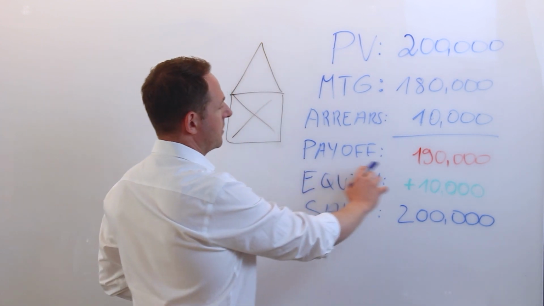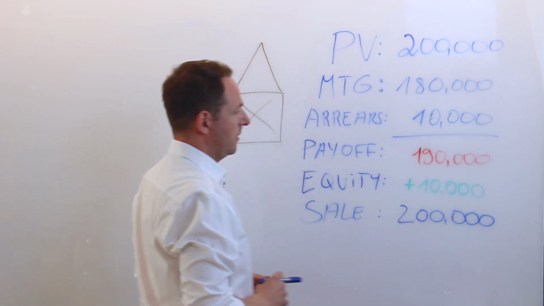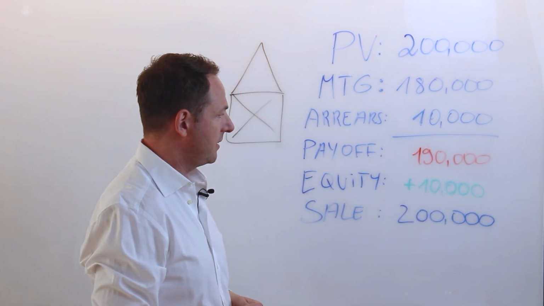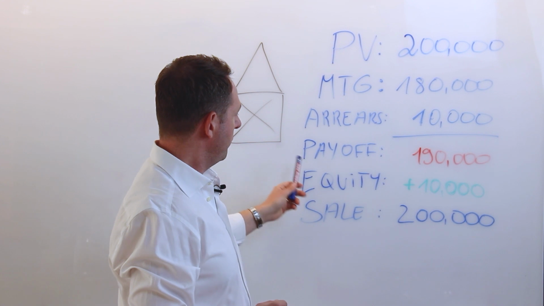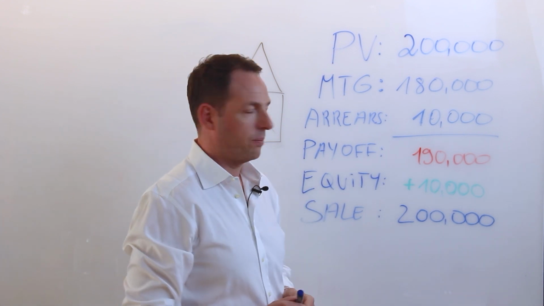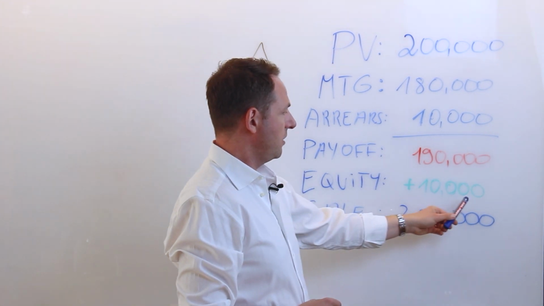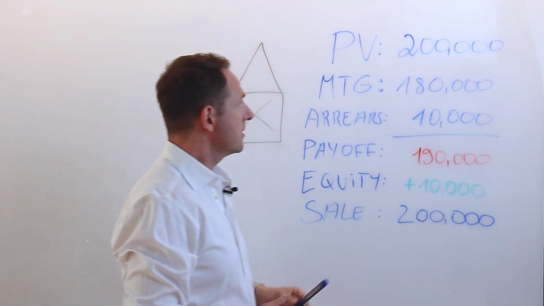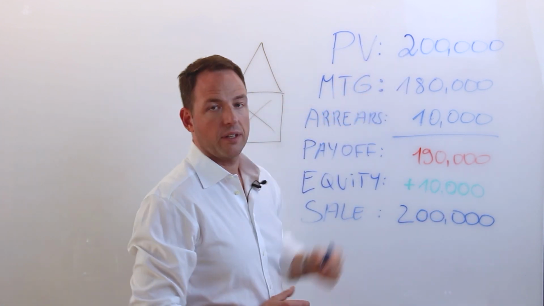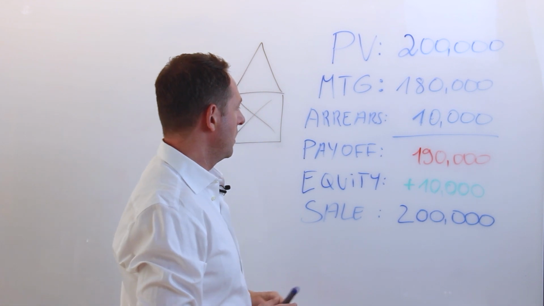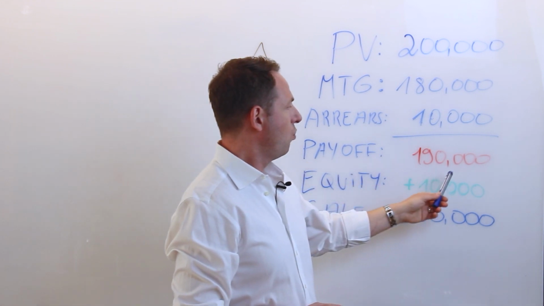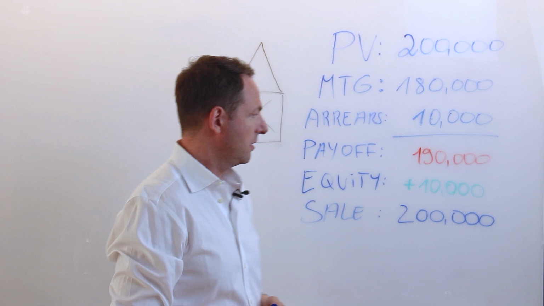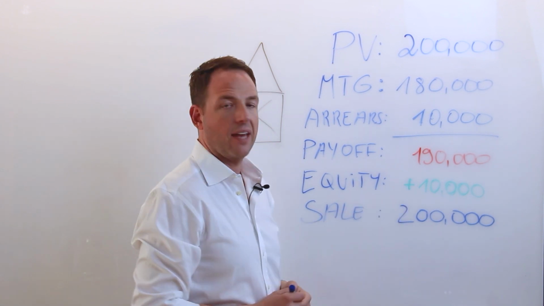So total payoff is $190,000. That means that this homeowner has equity in the property of $10,000, because their house is worth $200,000. They owe a total of $190,000. So their equity is $10,000.